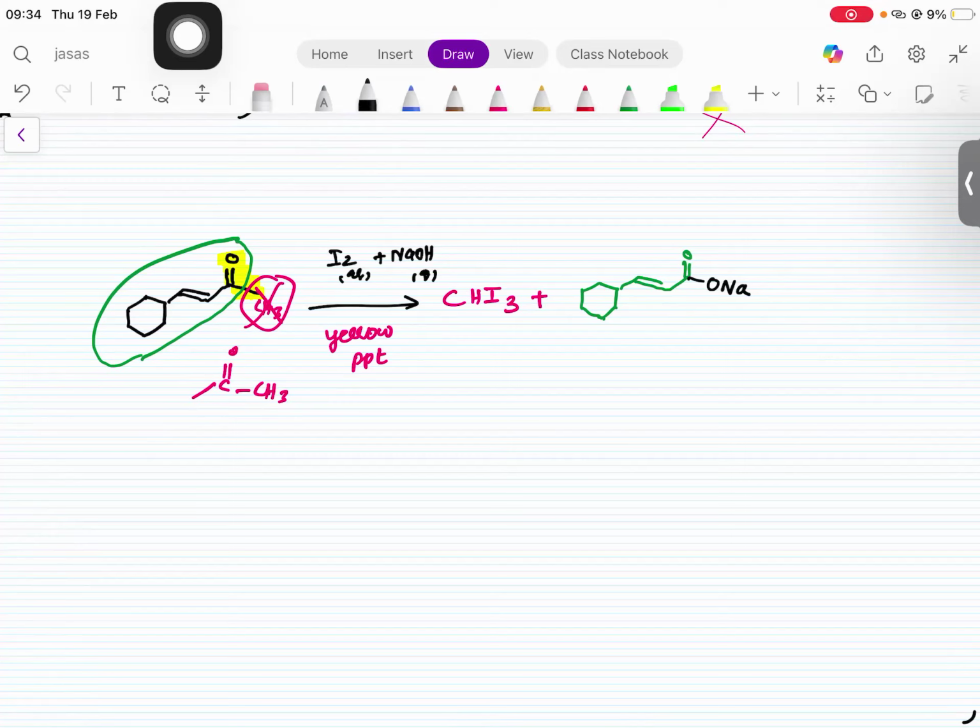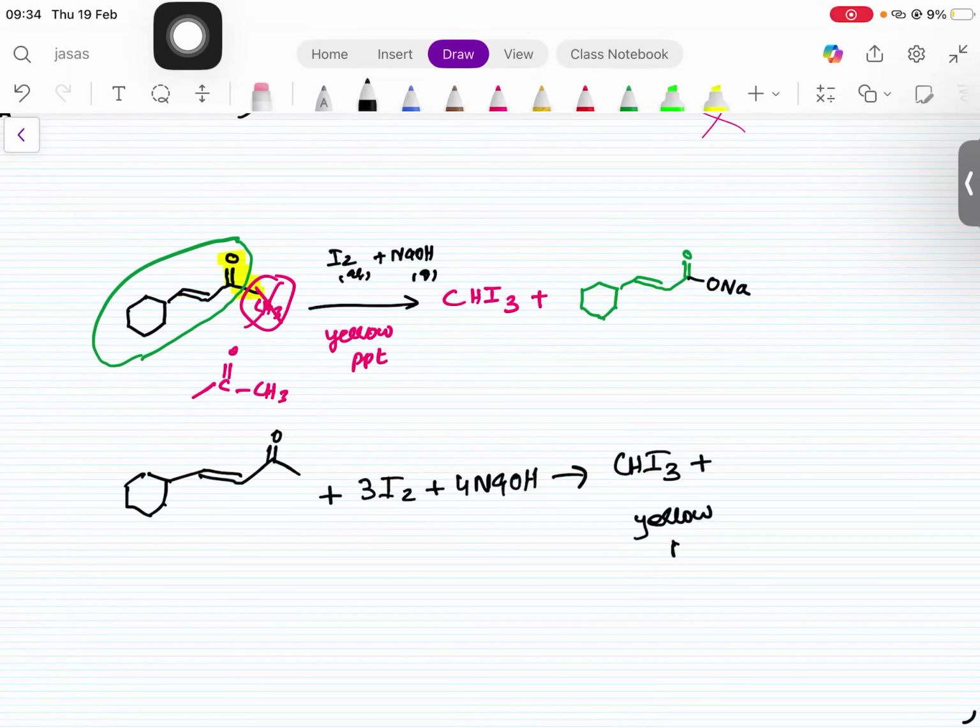So the full equation says, look, this one actually reacts with how many iodine? 3I2 in the presence of what? 4 molecule of NaOH, and forms, as I said, what is the one product? CHI3. That is always there because this is the one who gives yellow precipitate, right? They don't ask you the full equation usually. The other one is this CH3.